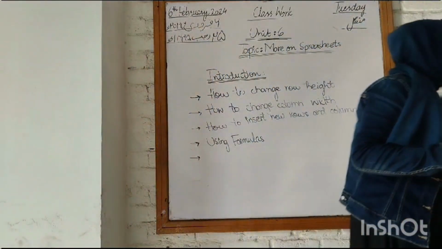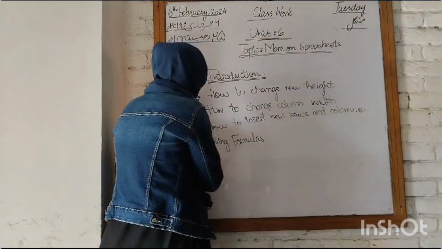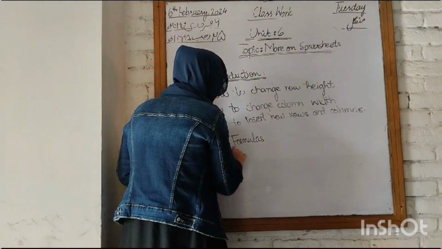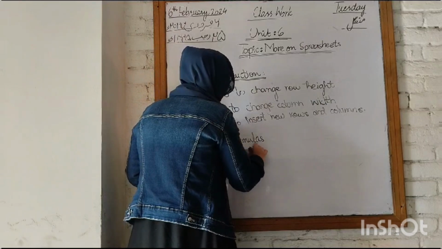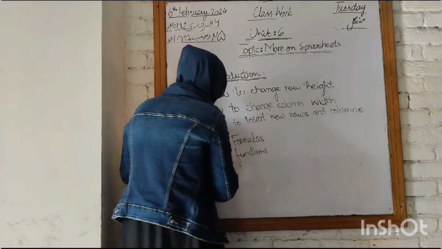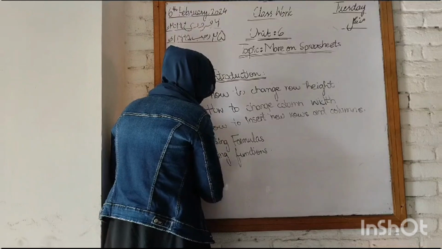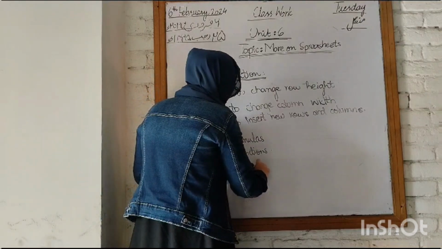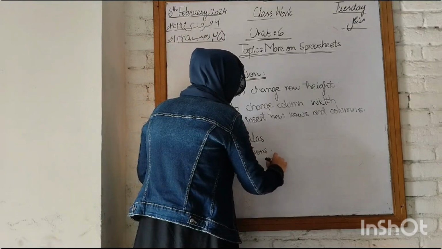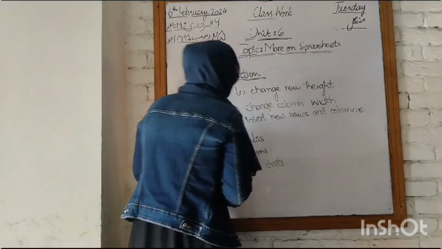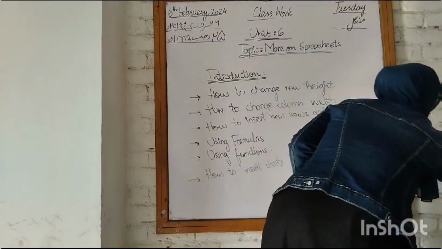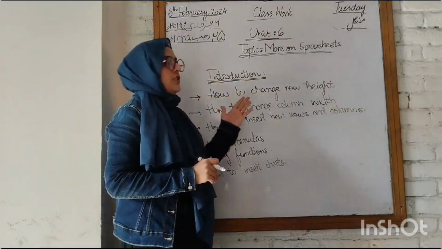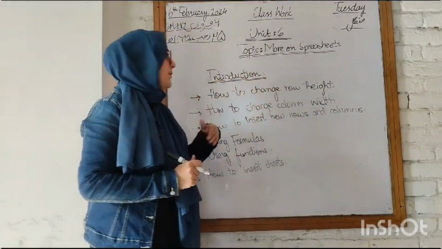And the next topic is using functions, and how to insert charts. These are the topics we are going to study in this unit, which is more on spreadsheet, Google Sheet.